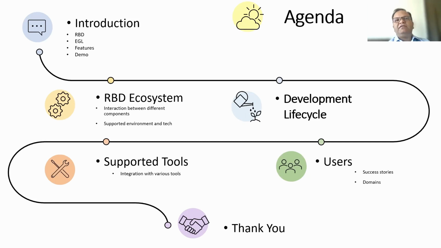The development cycle means what activities an RBD user or an EGL developer would do in order to get their application deployed on an application server, or for that matter z/OS, or any other application server, or even IBM i.